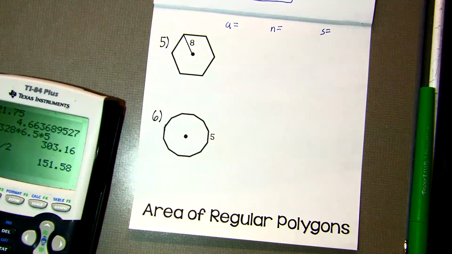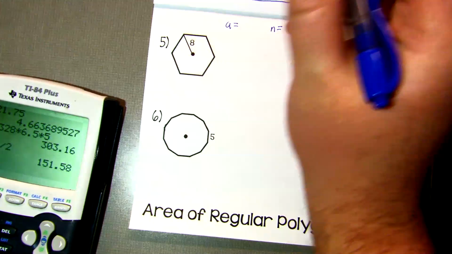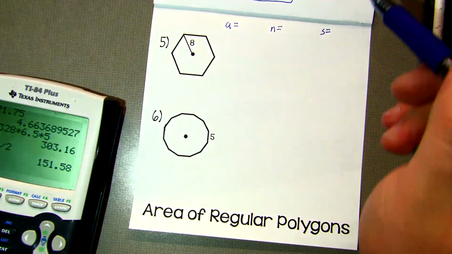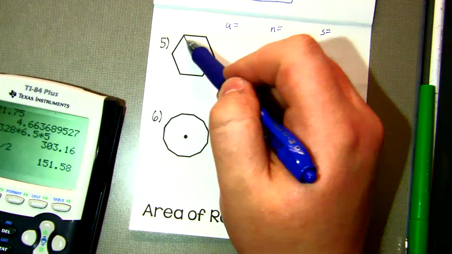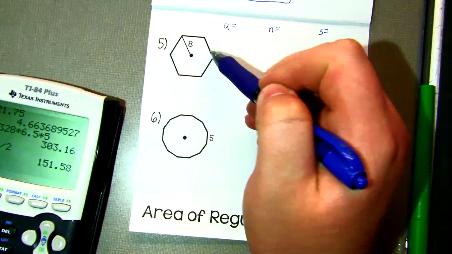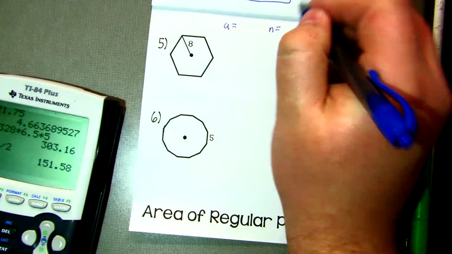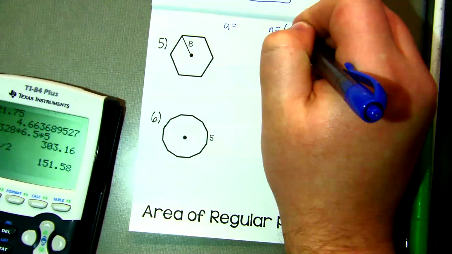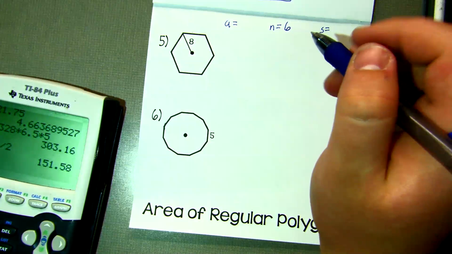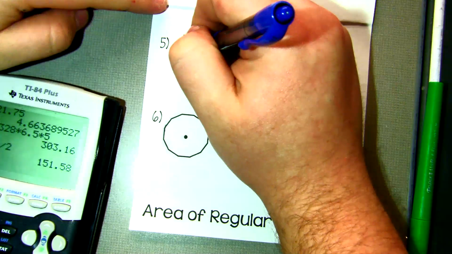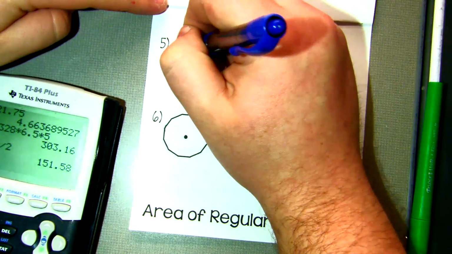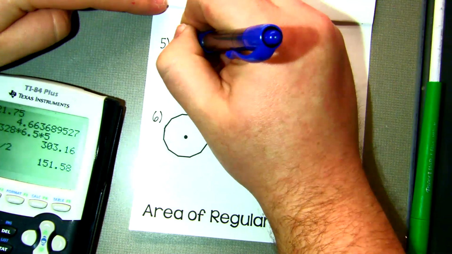No. Oh, we know one. We can always find the number of sides just by counting. If we look, we have 1, 2, 3, 4, 5, 6 sides. So let's draw an apothem on there.